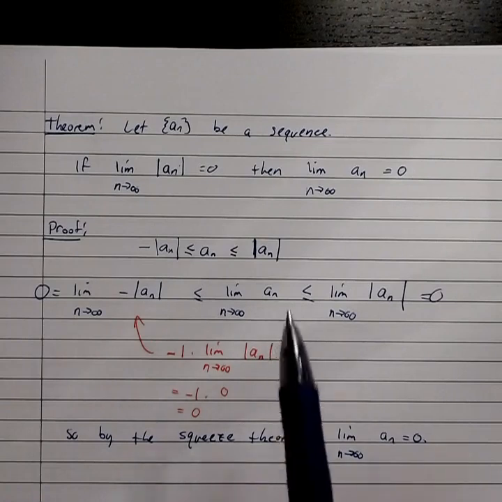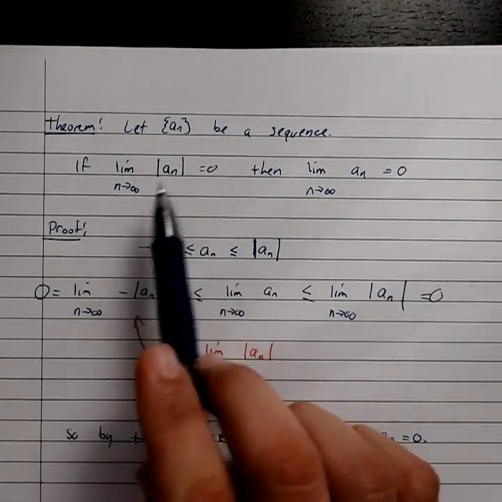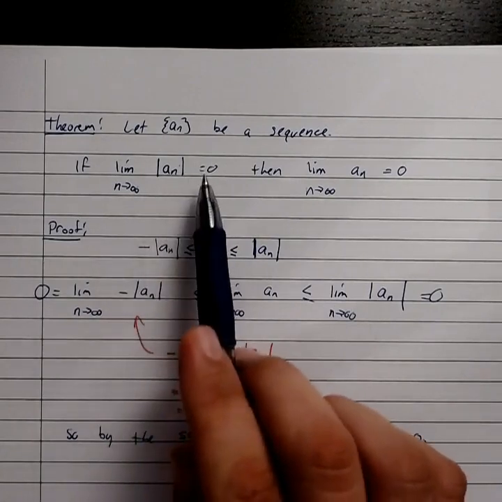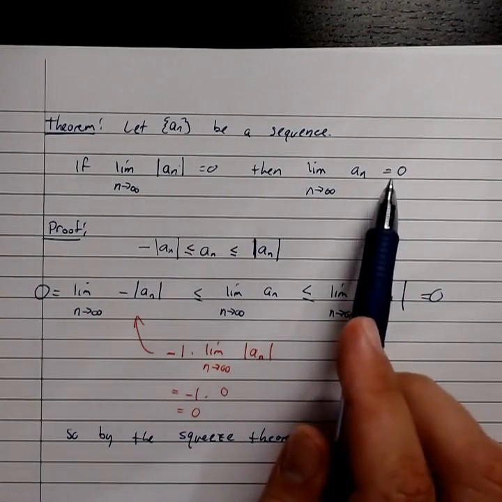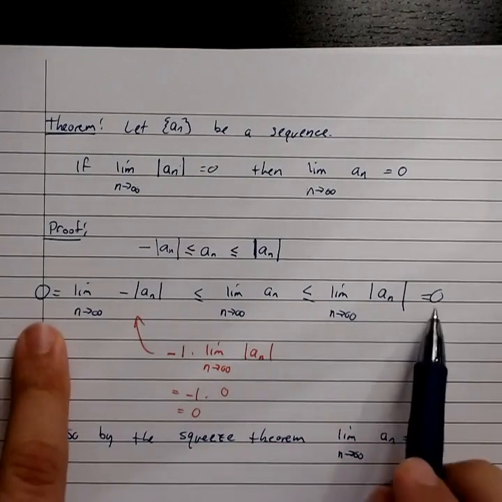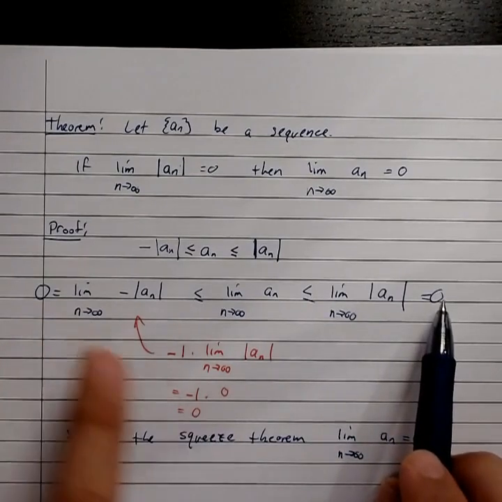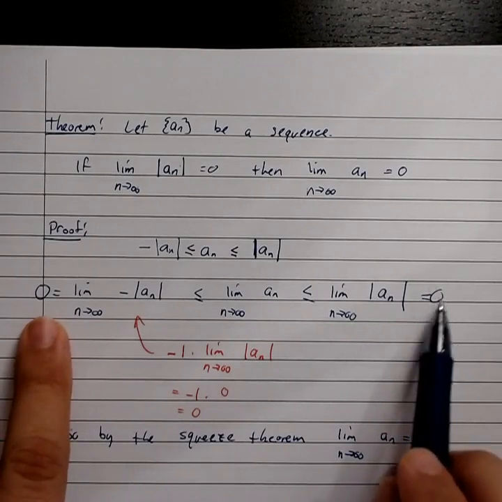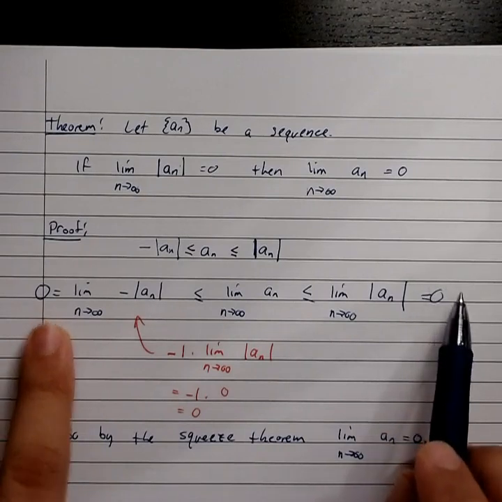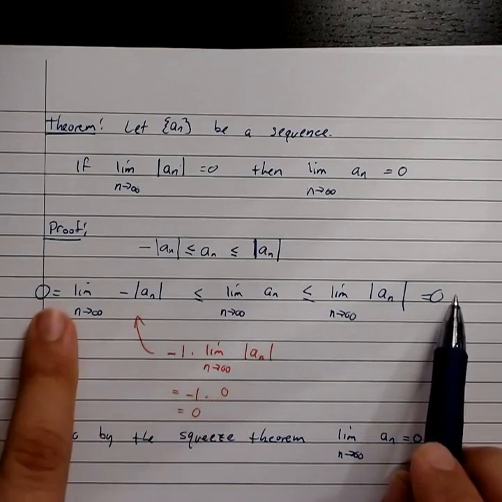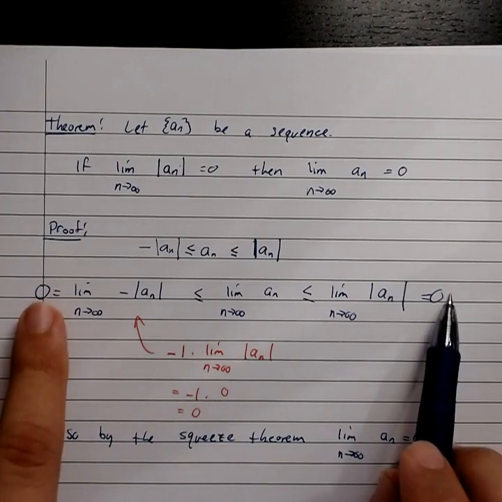Notice that this must actually be 0. If the limit is equal to anything else, this doesn't work. You can't say if this limit is equal to 1, then this limit's equal to 1. Why not? Because what makes this work is that 0 and negative 0 are the same number. If this was anything other than 0, let's say this was 5, this one would work out to be negative 1 times 5. So your number would be locked between positive 5 and negative 5.